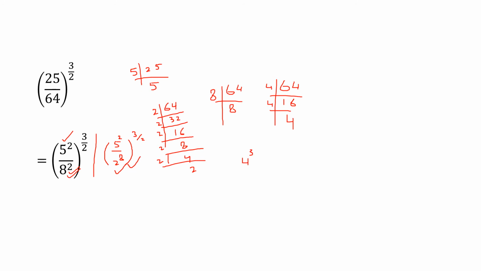Now let's multiply the outside exponent 3 by 2 with the inside. 3 by 2 will be multiplied with 2, so this 2 and this 2 will cancel. Let me clean the area.